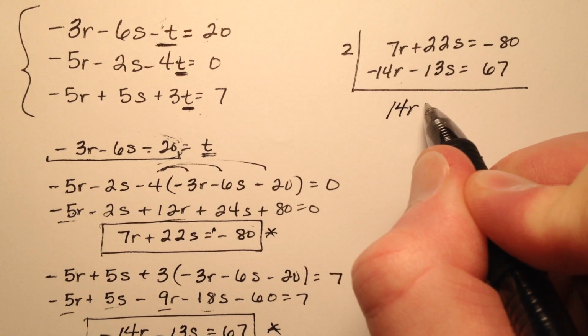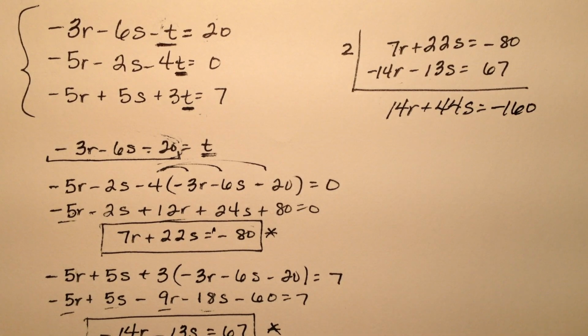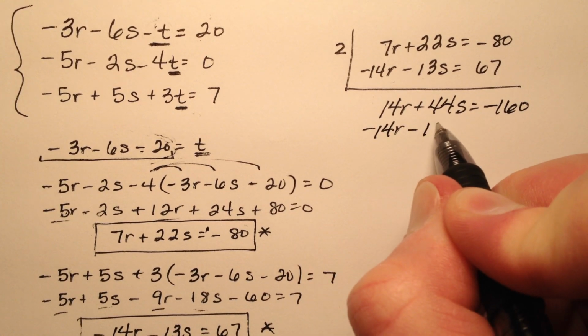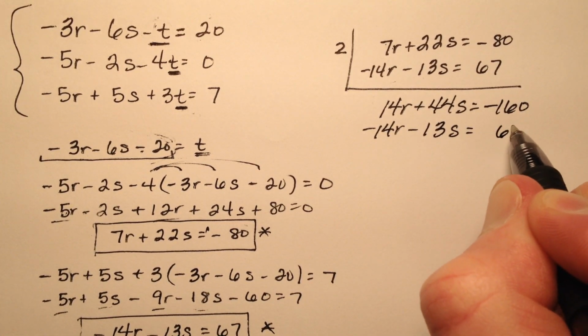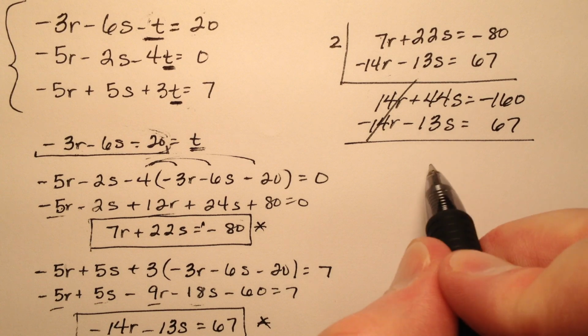So 14r plus 44s equals negative 160. I'm going to write this other equation, it's left unchanged. So now let's add these 2 equations together. My r's cancel, which was the point of that.